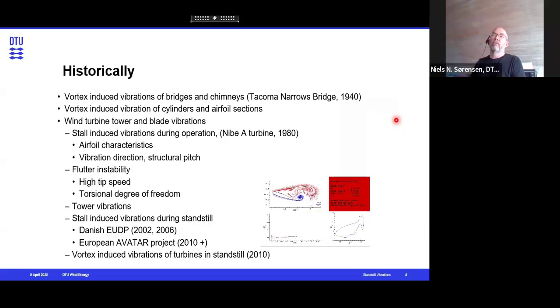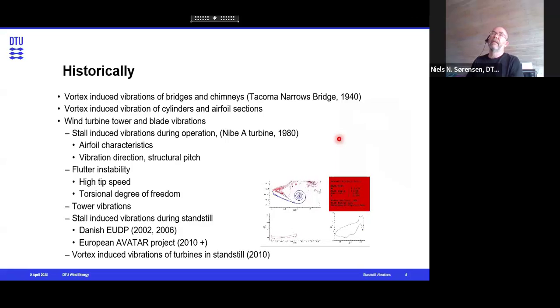And then for wind turbines, some of the first events, at least I'm aware of, is back even before I started doing turbines, and that is back in the 1980s, where the Nibe A turbine experienced stall-induced vibrations during operation. Here it was bad airfoil characteristics coupled to the structural pitch or the vibration direction of the blades that caused problems.